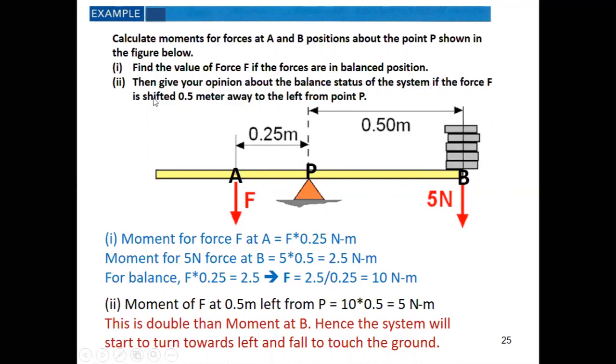Now, give your opinion about the balance status of the system if the force F is shifted 0.5 meter away to the left from the point P. Let us see. The moment of F was 10 Newton meter; moved here, the moment will be 10 multiplied by 0.5, which means 5 Newton meter, which is double the moment at point B. So this moment is more, double the moment at point B, and the system will not be in balance.